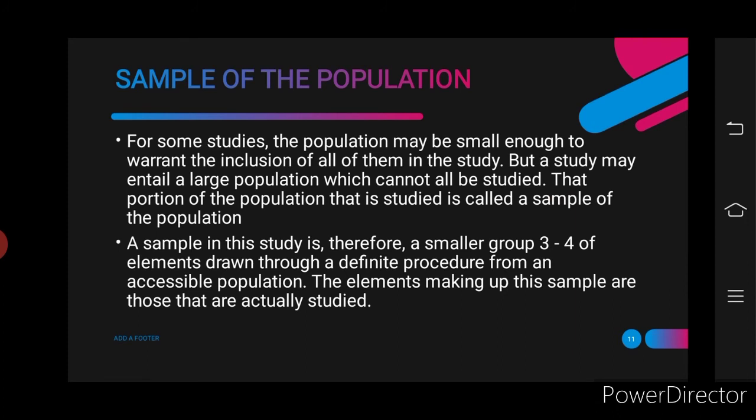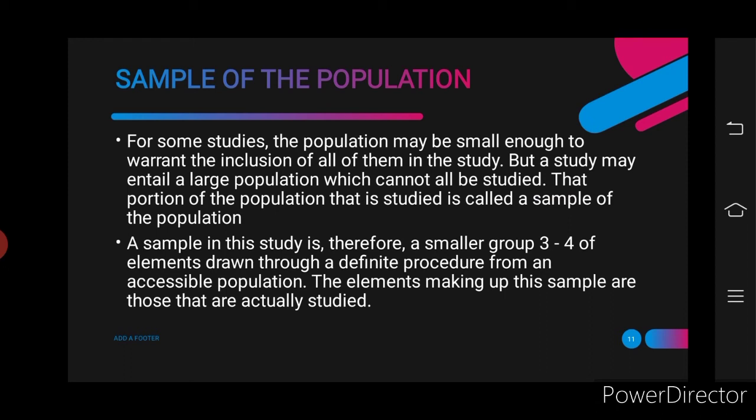Next is the sample of the population. For some studies, the population may be small enough to warrant the inclusion of all of them in the study, but a study may entail a large population which cannot all be studied. That portion of the population that is studied is called a sample of the population. A sample in the study is therefore a smaller group of elements, drawn through a definite procedure from the accessible population.